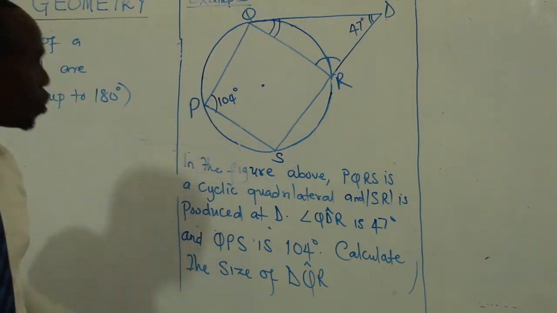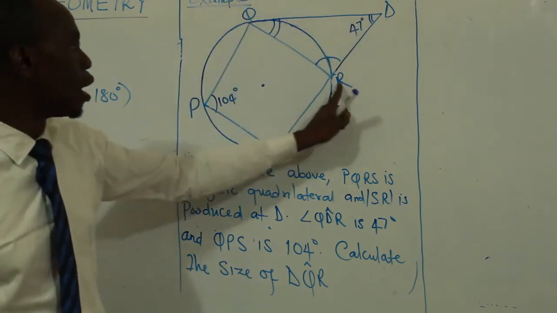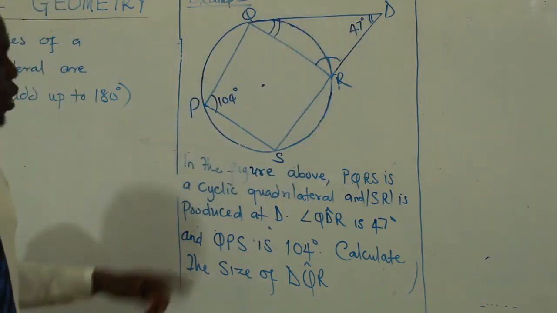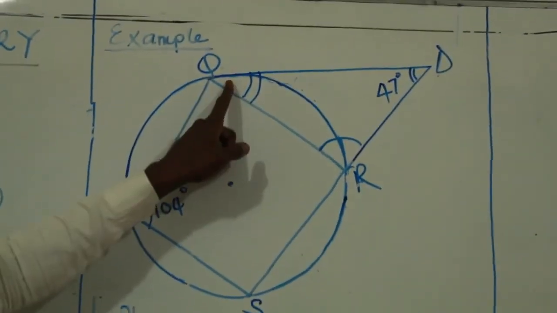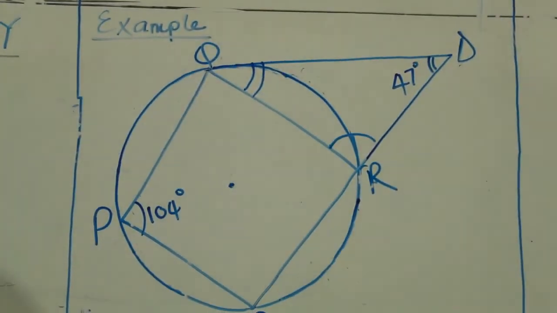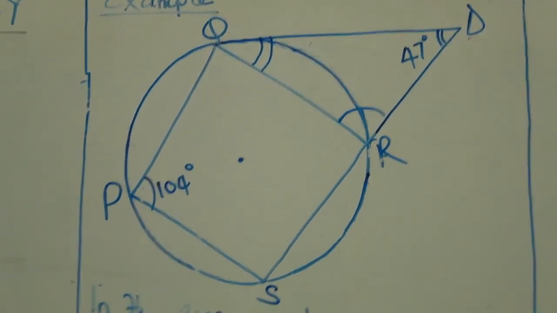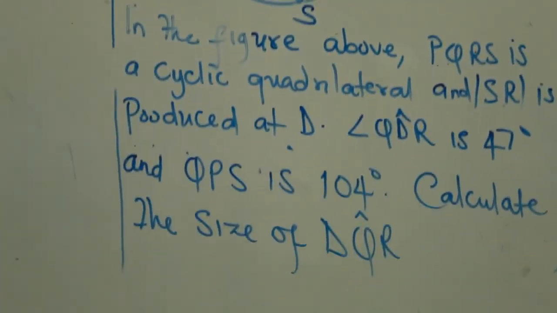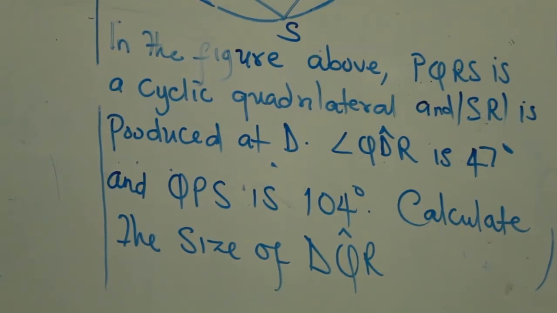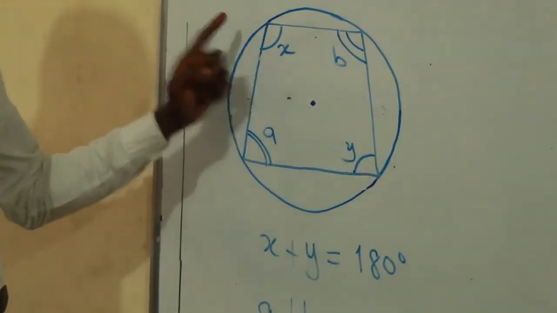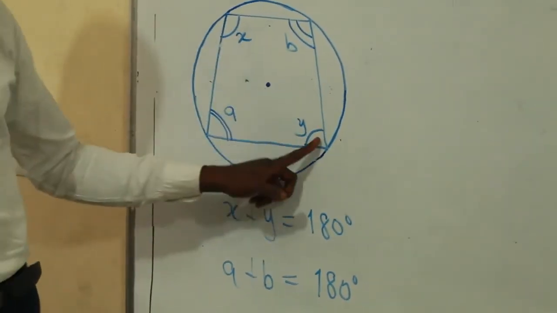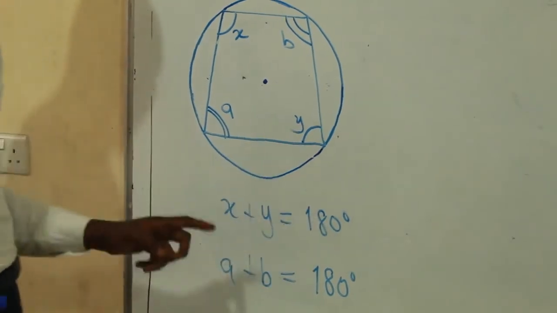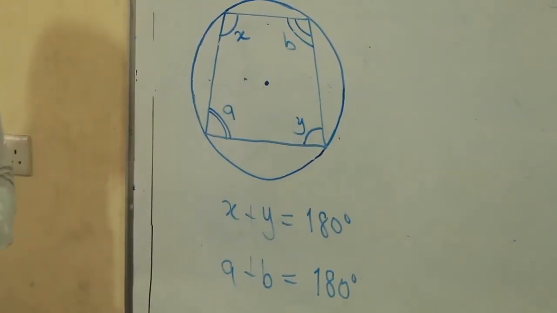Calculate the size of DQR. How will this theorem help me find this angle? I have just said that opposite angles of a cyclic quadrilateral sum up to 180. This angle plus this angle is 180, while this angle plus this angle is 180.